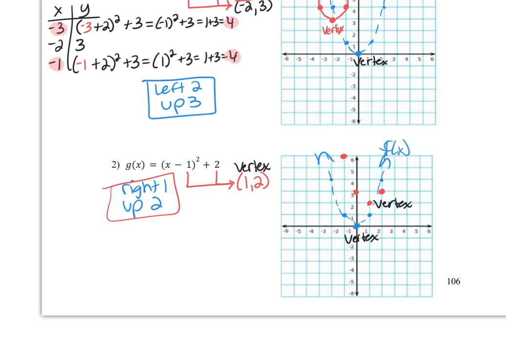Up 2, right 1. And there's our g of x. So I didn't have to do any table with this. I still could if I wanted to. Again, I would just use my vertex as my starting point, and I would pick one smaller than 1 and one bigger than 1. And then I would do my calculations.